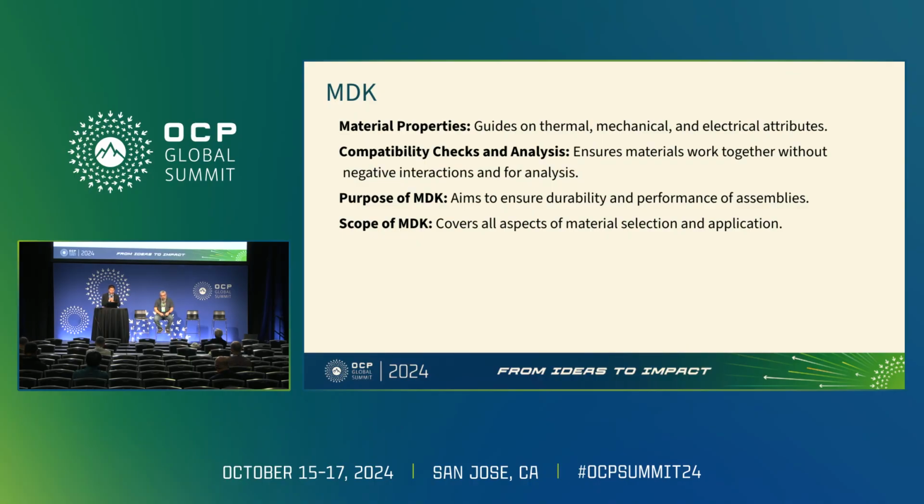So one area we started focusing on is the material design kits. This is about all the material properties, which are very important. As you heard earlier, in thermal, mechanical, even electricals like SI/PI, tools are required to know what the material contents are.